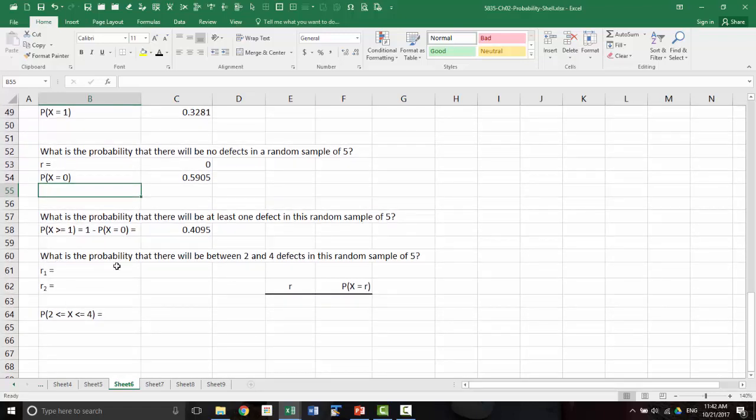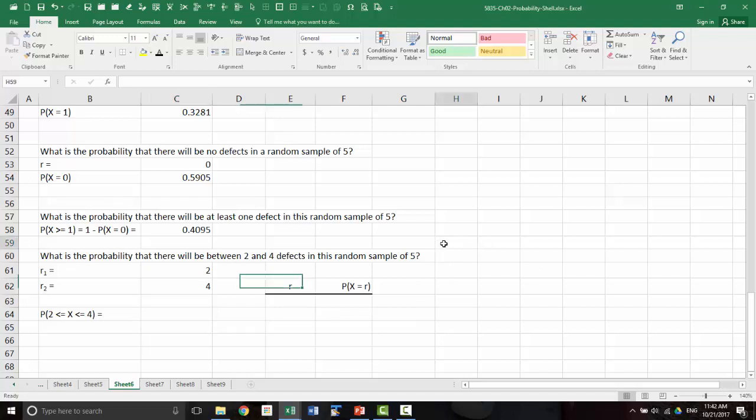Next question: what is the probability that there will be between 2 and 4 defectives? So we have r1 is 2, r2 is 4. We want between 2 and 4.